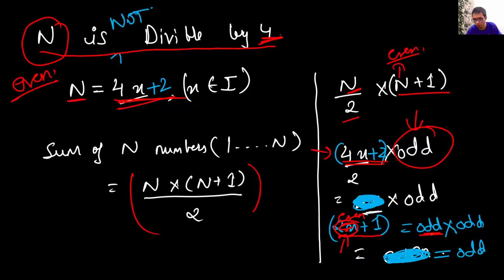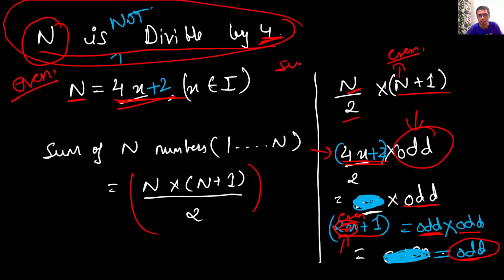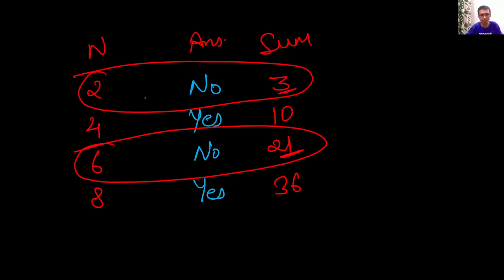So the first term is odd, the second term is also odd, and odd multiplied by odd is odd. So when n is not divisible by 4, the sum is always going to be odd. If n is divisible by 4, the sum is going to be even.